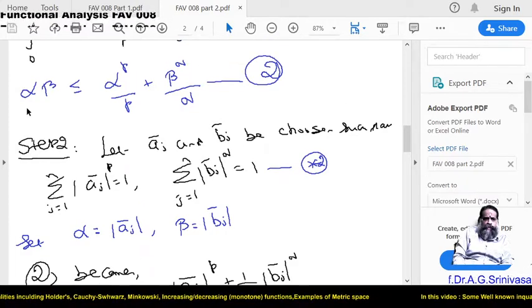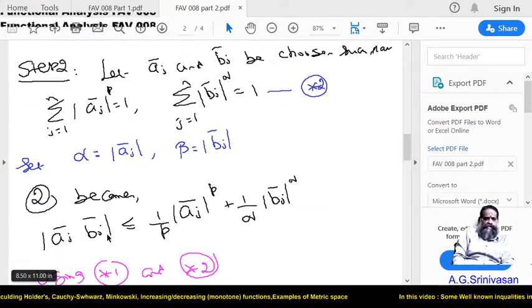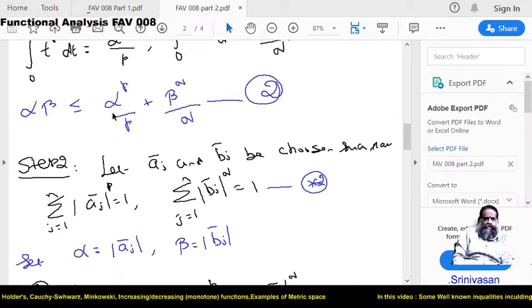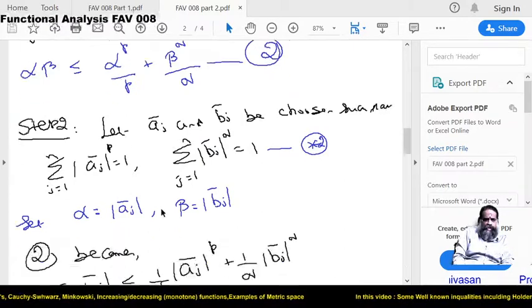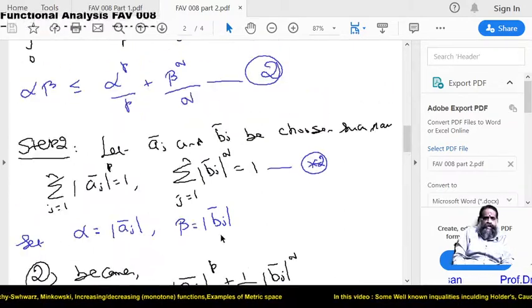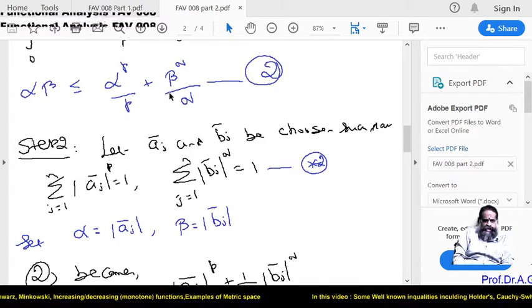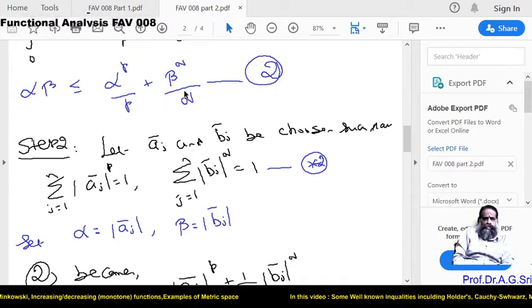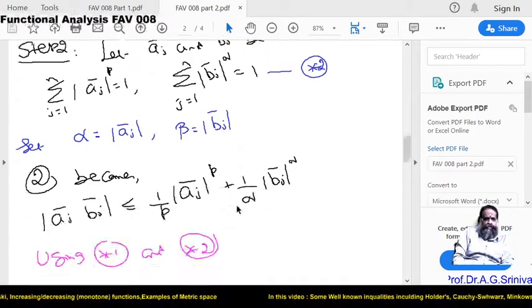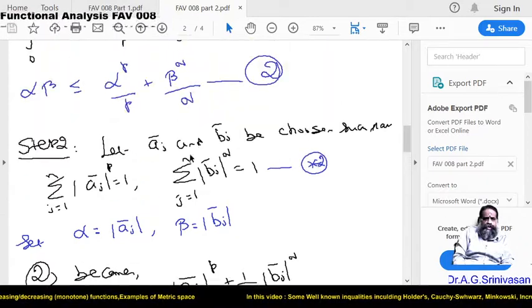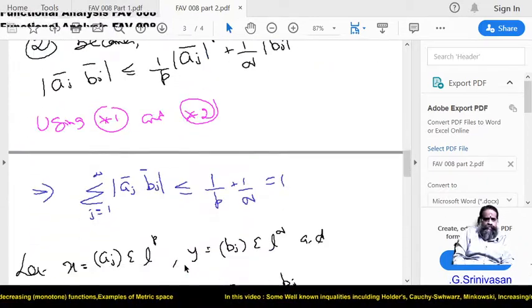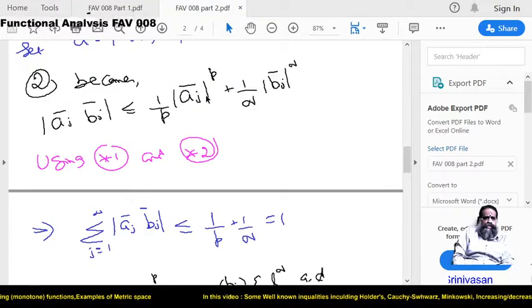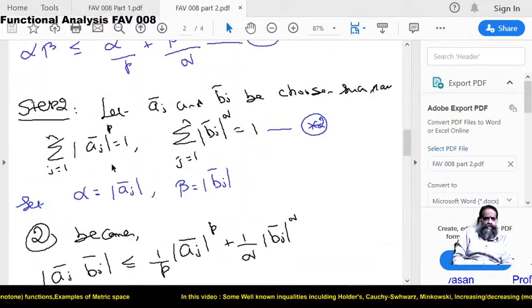I will use this property here. So |aj bar bj bar| is less than or equal to |aj bar|^p / p + |bj bar|^q / q. Using these two results I am getting this, because the sum of |aj|^p is 1, we have chosen it that way.